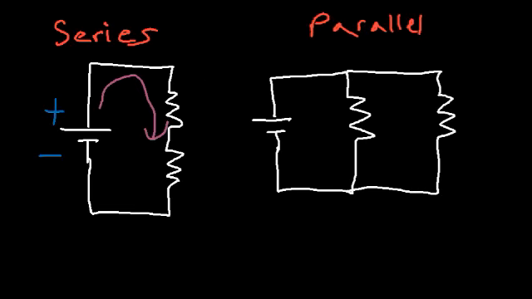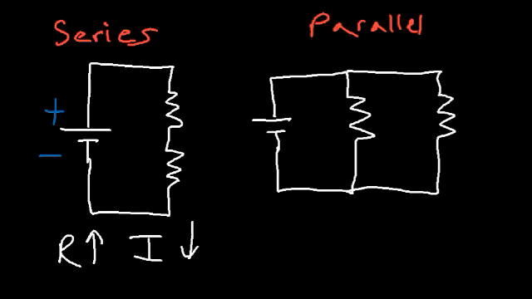In a series circuit, if you connect two light bulbs in series together, the light bulbs will appear dim relative to the parallel circuit. If you connect two light bulbs in parallel to each other, the light bulbs usually will appear very bright. That's because as you add resistors in a series circuit, the total resistance increases, which decreases the current.